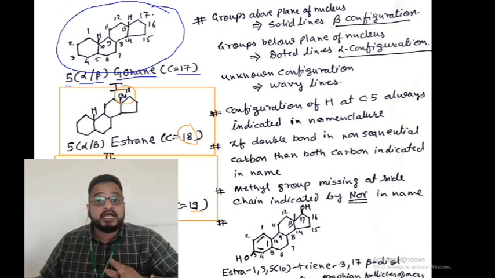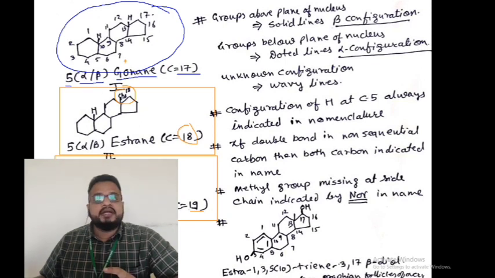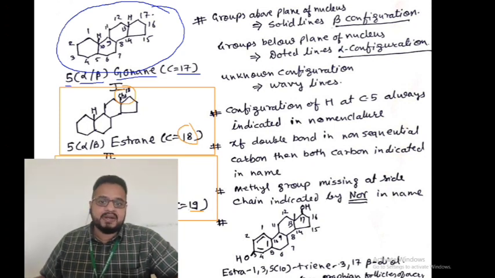That is the angular methyl group, and C19 is androstane. And where is that 19th carbon? This is the angular methyl group. So 17 gonane, estrane, androstane, pregnane. Pregnane is 21 carbon atoms. We are calling it pregnane.